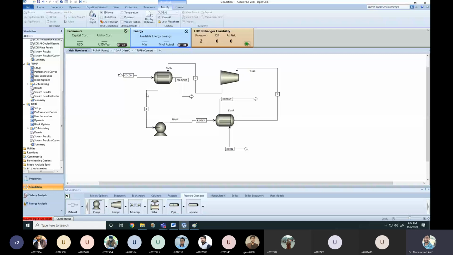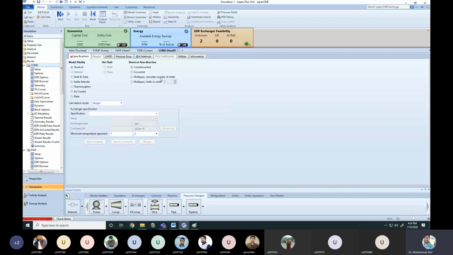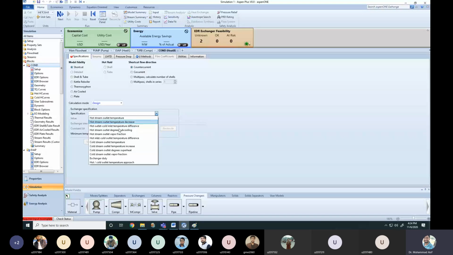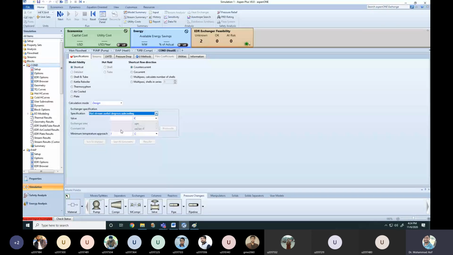Again we can mention the specification of the condenser, and there are many options for that. For the hot outlet, what we want is hot outlet subcooled. So here is hot stream outlet degree subcooled. Let's say it's purely subcooled, so let's say 0 degree.